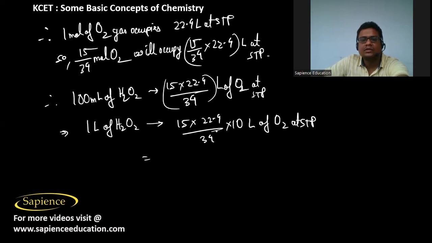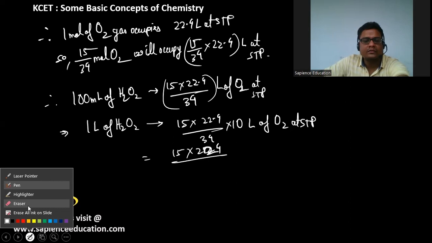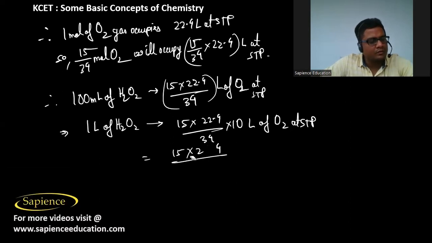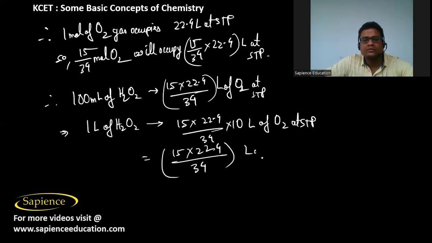Now what will this value be approximately? That is 15 into 224 divided by 34 liter of O2.